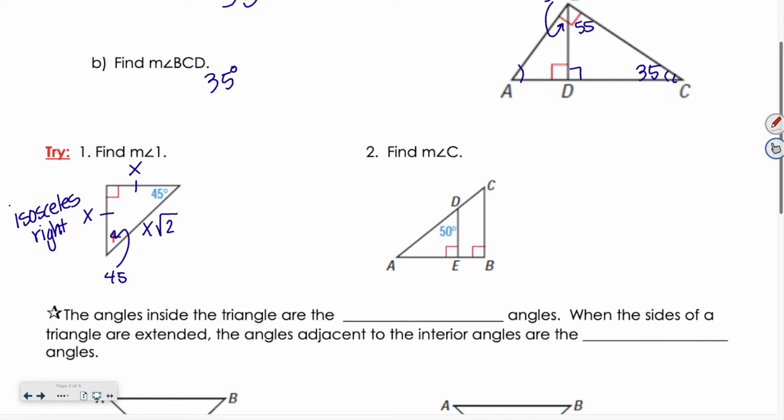Okay, so if I use this little triangle at the bottom, this angle should be 40, correct? Yep. So then if I use this big triangle, then this has to be 50 degrees.